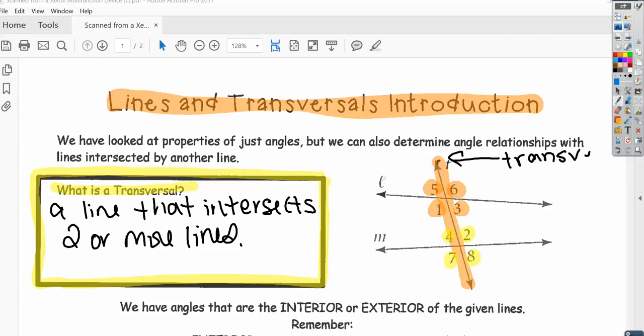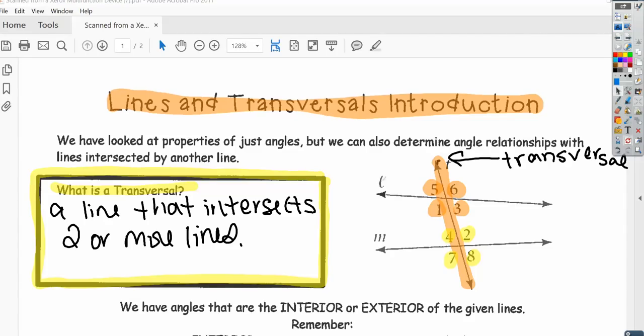It's intersecting two or more lines, and those lines form angles where it intersects. Okay? So when we are talking about two lines being intersected by a transversal, we are talking about the angle relationships that those angles formed make.